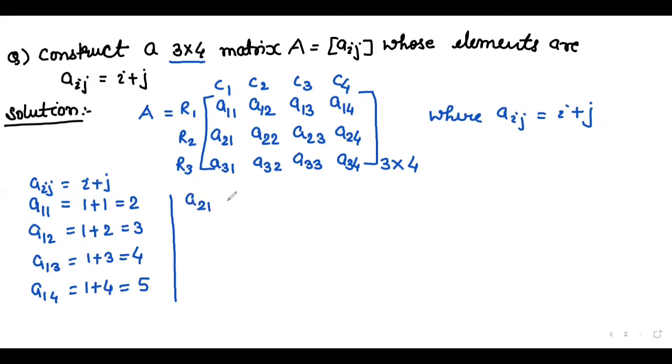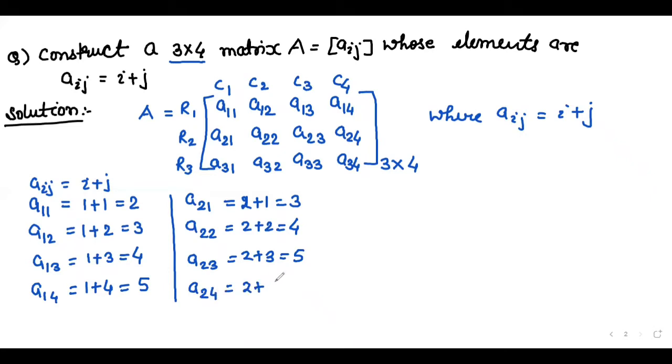Then A21, 2 plus 1, is 3. A22, 2 plus 2, is 4. A23 is 2 plus 3, that is 5. A24 is 2 plus 4, that is 6.